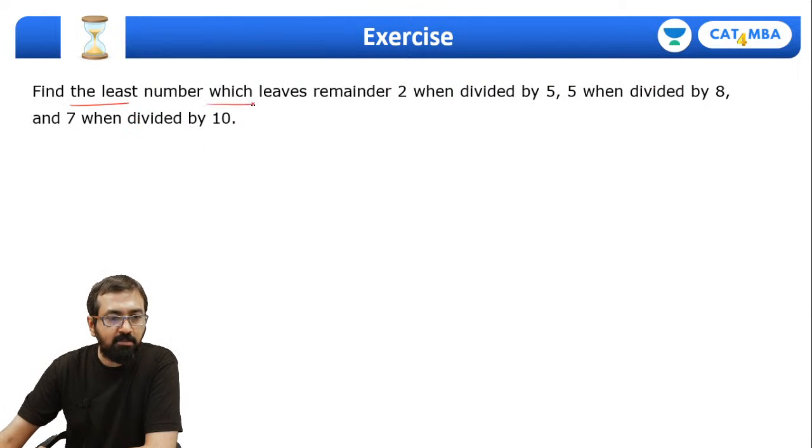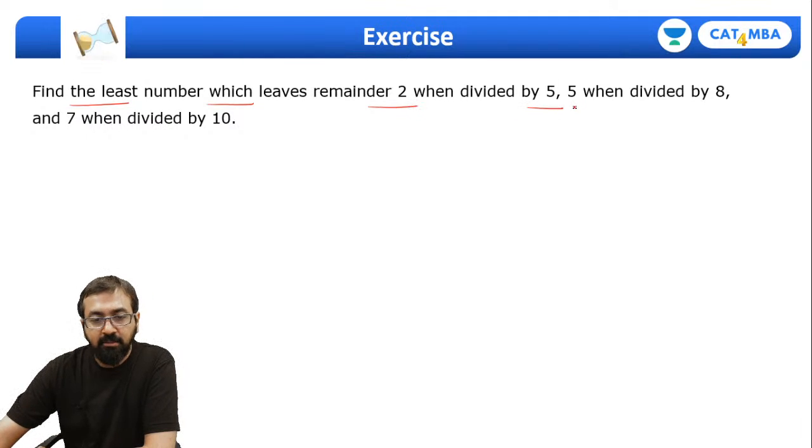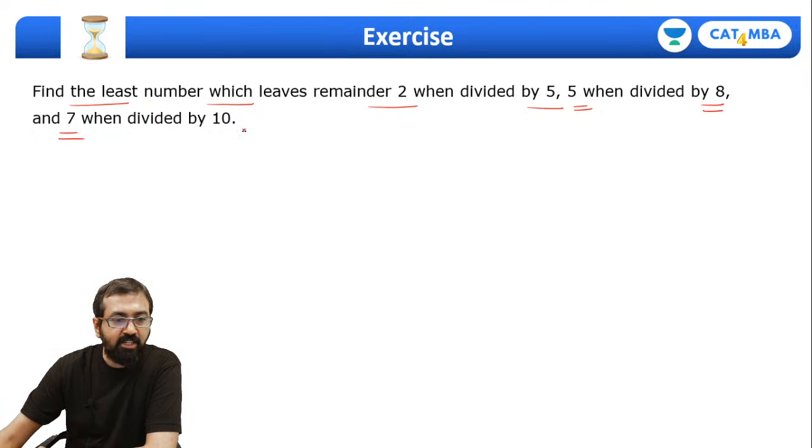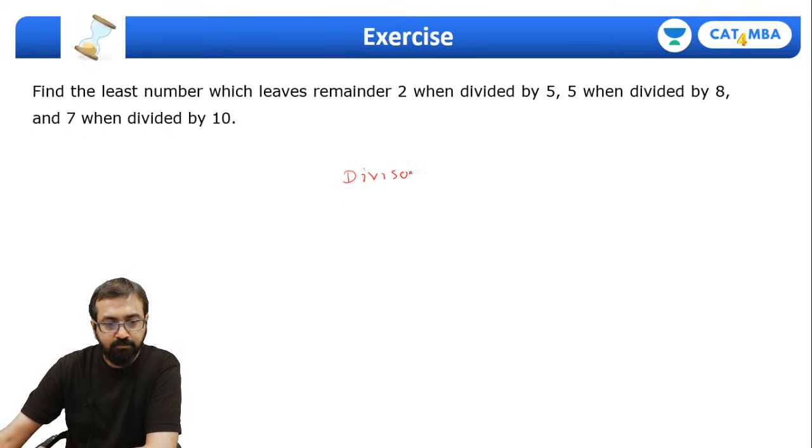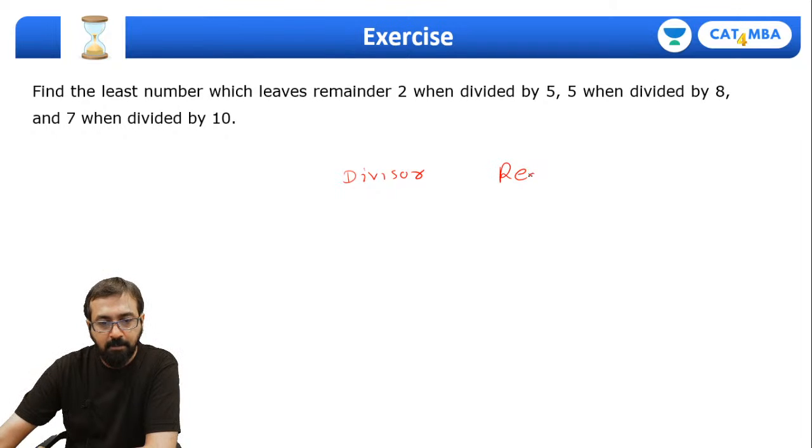Okay, so let's look at this one. Find the least number which leaves remainder 2 when divided by 5, leaves remainder 5 when divided by 8 and leaves remainder 7 when divided by 10. This is the interpretation of this question. Okay, read it once again, everyone. Let me just write it over here. So divisor and remainder.